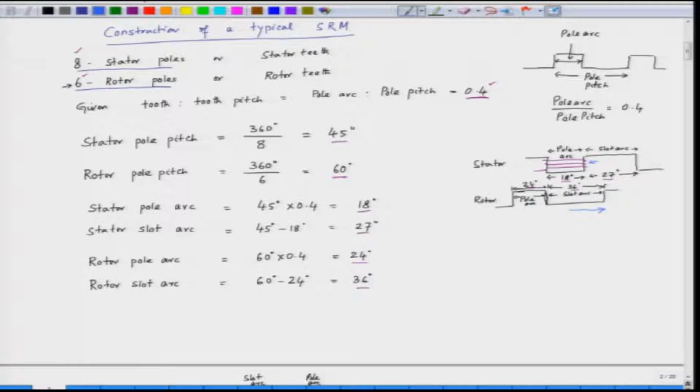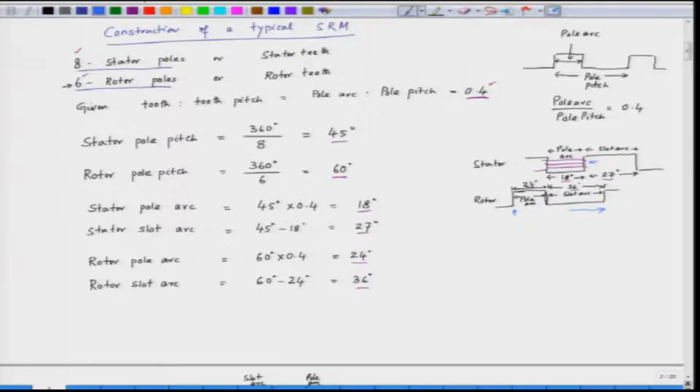Then the trailing edge of the rotor will face the leading edge of the stator, and after that the inductance of the stator will gradually decrease.